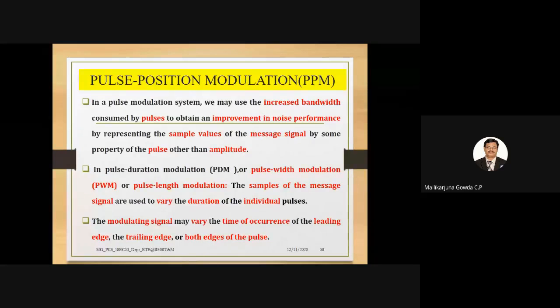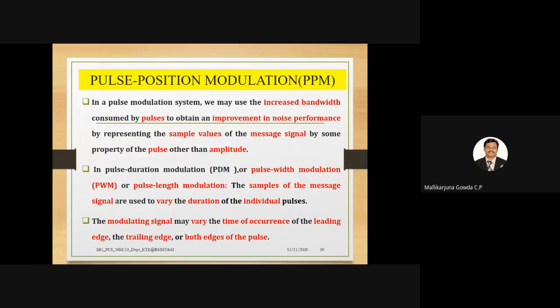In a pulse modulation system, as I said, we may use the increased bandwidth consumed by the pulses to obtain an improvement in noise performance, by representing the sample values of the message signal by some property of the pulse other than the amplitude. I can vary the amplitude of the pulse, or vary the width of the pulse, or even change the position of the pulse. What is the difficulty in only varying the amplitude?